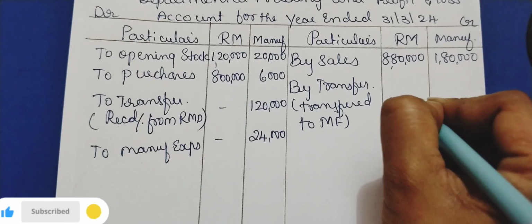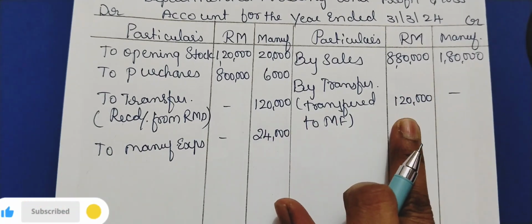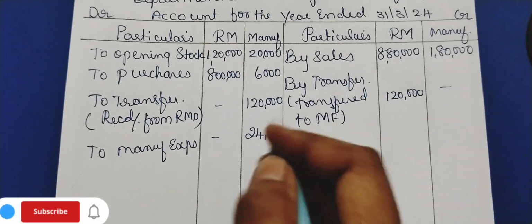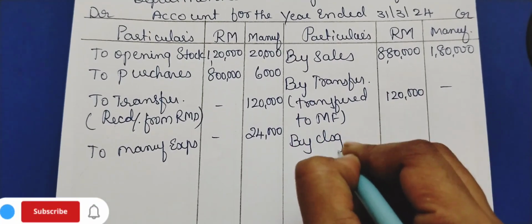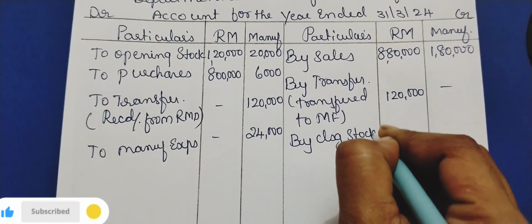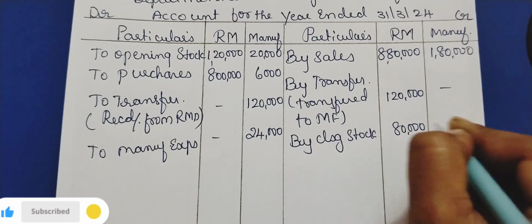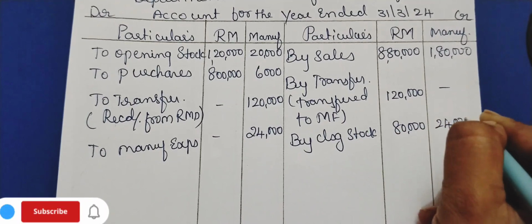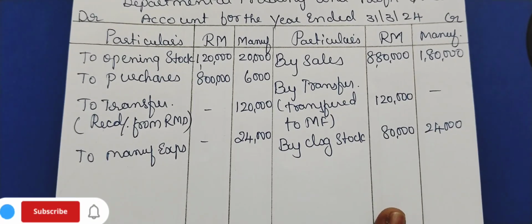How much we have transferred? 1,20,000. Here debit and here it is credit. Okay. Then by closing stock. Closing stock is 80,000, 24,000. So we have recorded all the items related to the trading account, right?